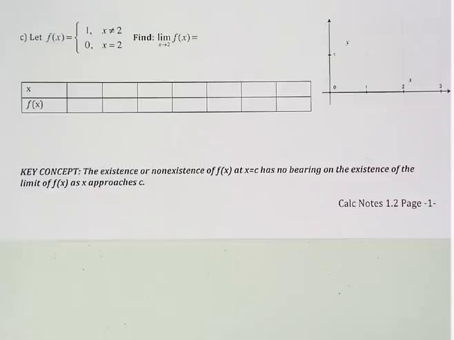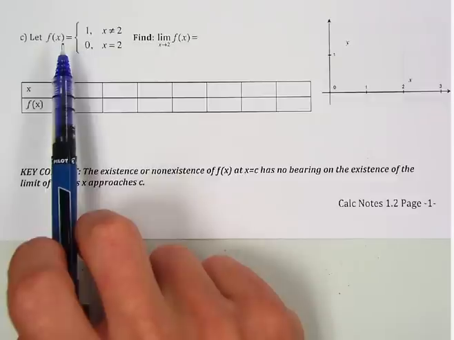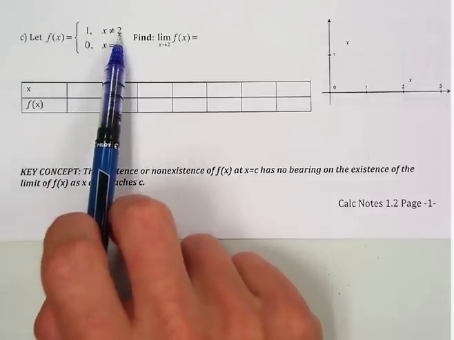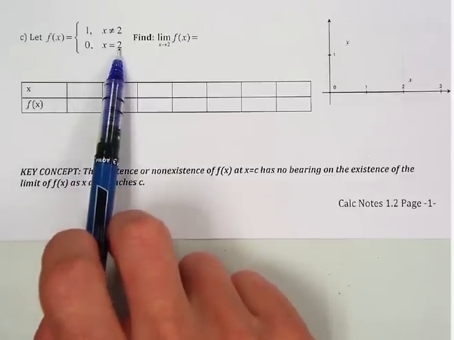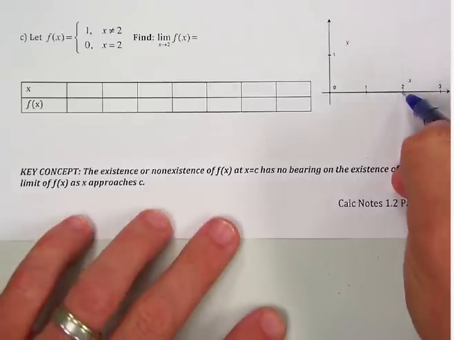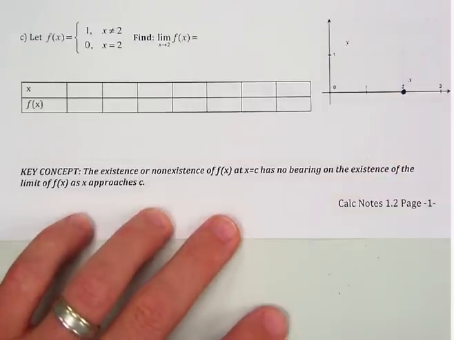For our next example, our function looks a little bit funny. So we're just going to define f of x as 1 where x does not equal 2 and 0 where x equals 2. Okay, so right here at x equals 2, we know our function equals 0 because it tells us.